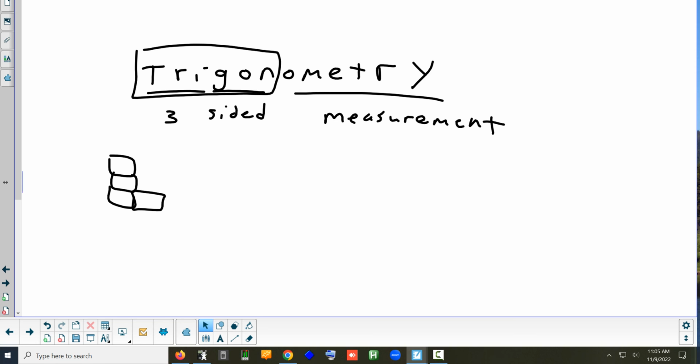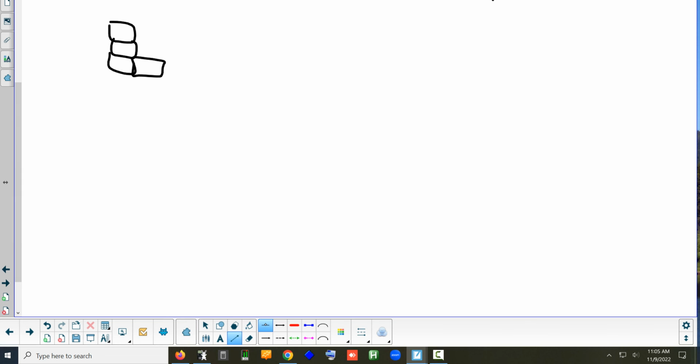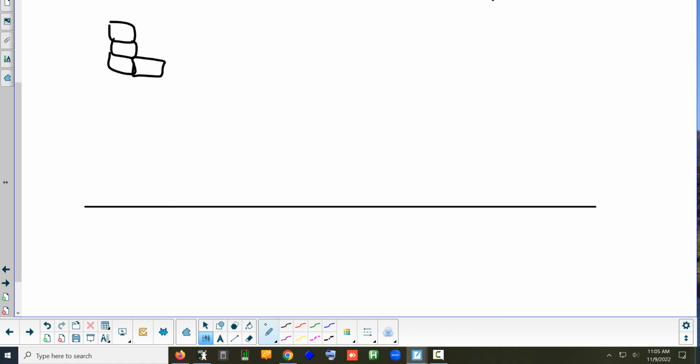So what can we do with trig? Well, here's a simple thing we can do. Let's say that we were standing right here, and there was some object in the distance.